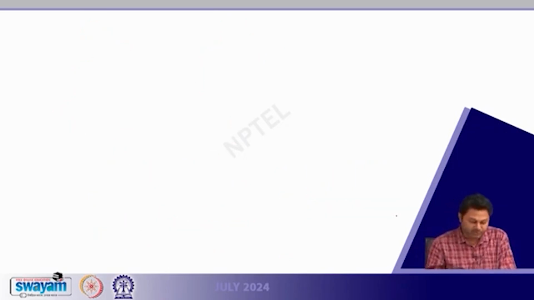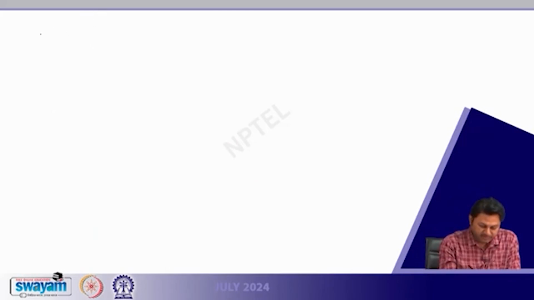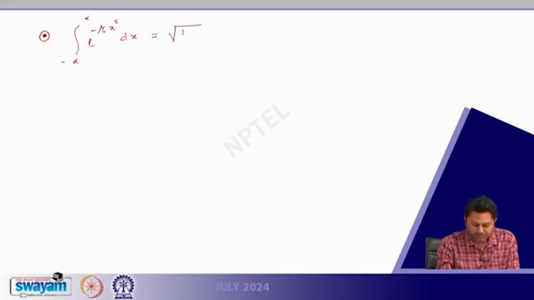Also, I would like to show this integral, part of which we have already shown: the integral from minus infinity to infinity of e to the power of minus mu x square dx is root over pi divided by mu.